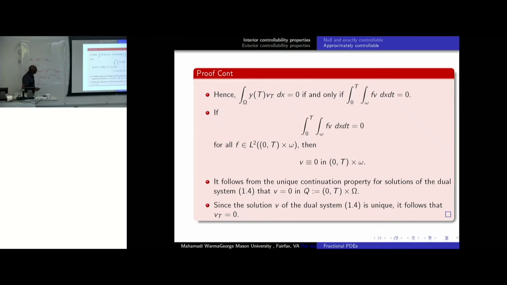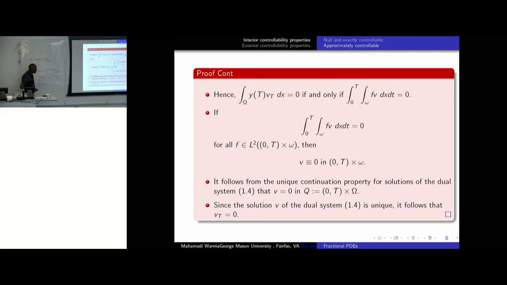Then we can say that the integral of y(T) V_T is 0 if and only if the integral over the small cylinder (0,T) times omega of F V is also 0. But if this integral is 0 for any F, then V is 0 on (0,T) times omega, the small cylinder, and the unique continuation property says that V is 0 on the big cylinder.